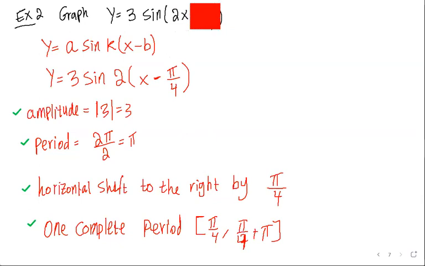Then after you graph the function like this, remove this one and graph this one. So to graph this one, exactly like this, after you graph this, you do the shift.